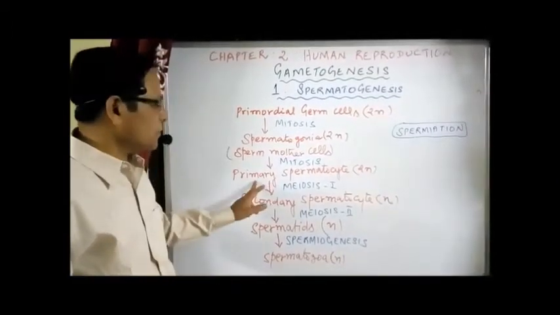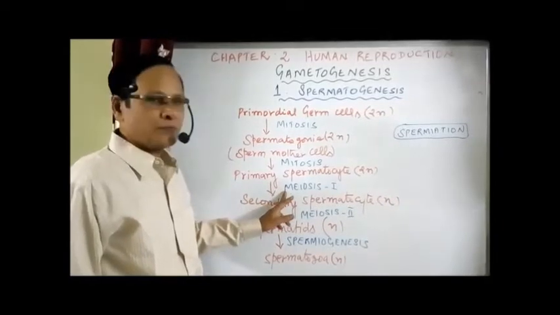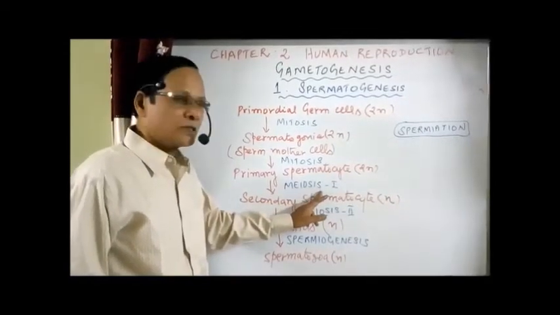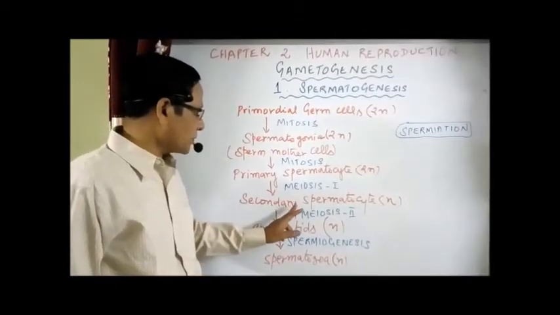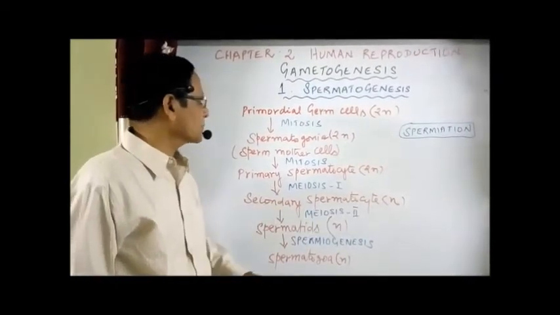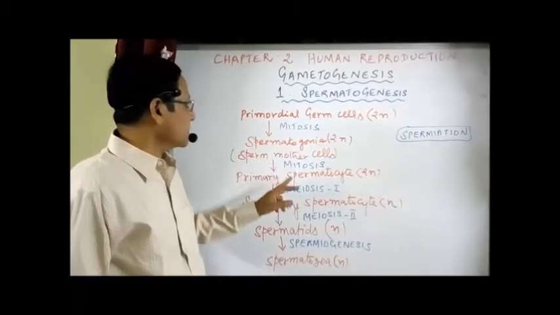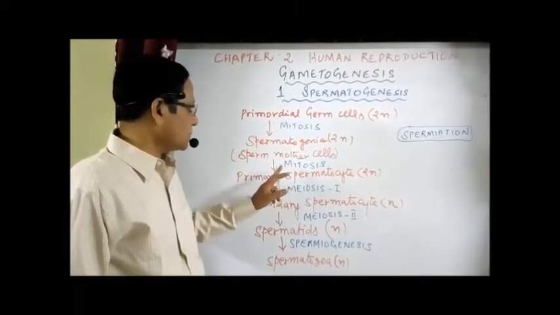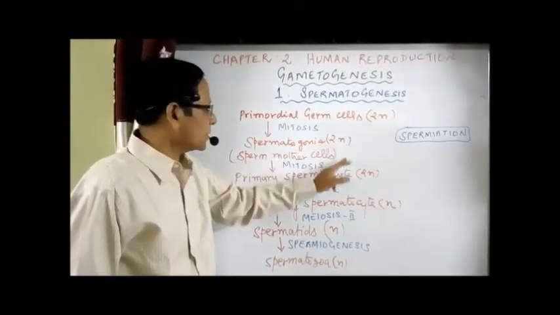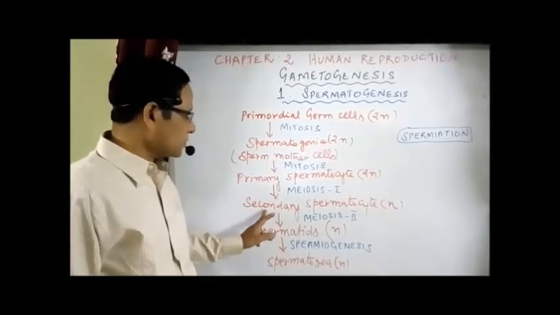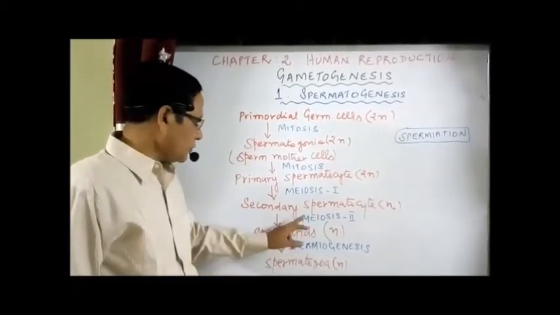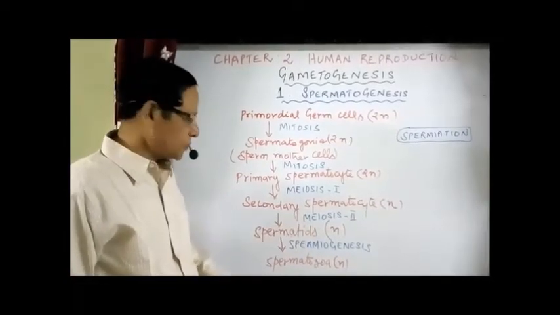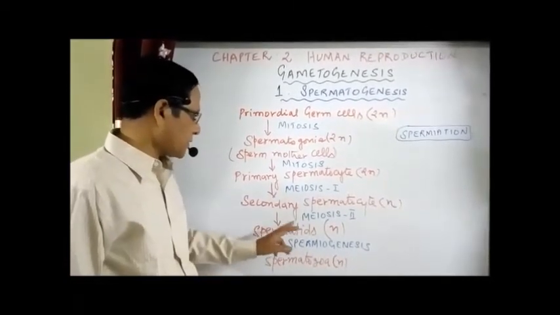Now the primary spermatocyte enters the first meiotic division, the maturation process, to form two haploid secondary spermatocytes. Primordial germ cells, spermatogonia and primary spermatocytes are all diploid in nature, whereas the secondary spermatocyte is haploid. Now it undergoes a second meiotic division to form spermatids.